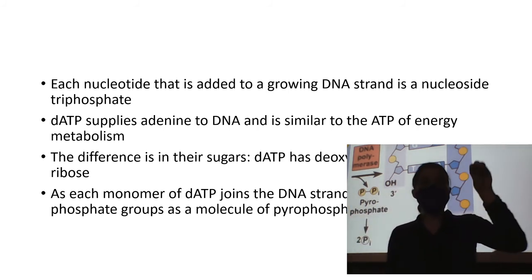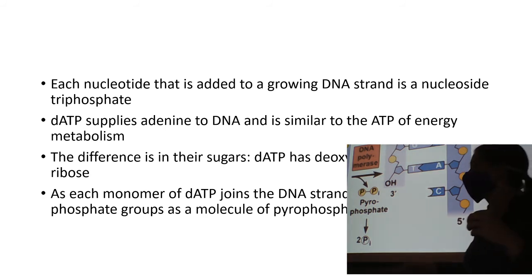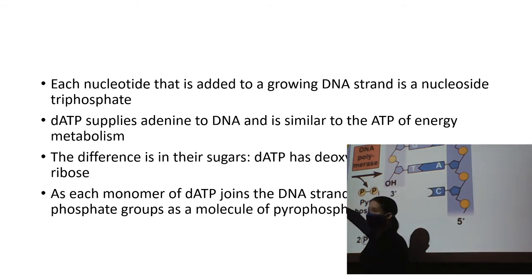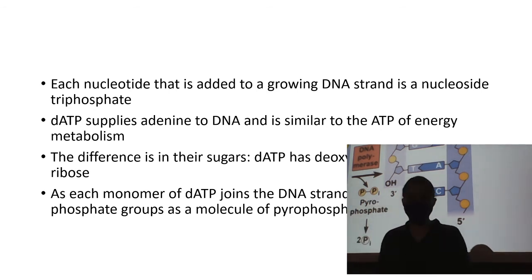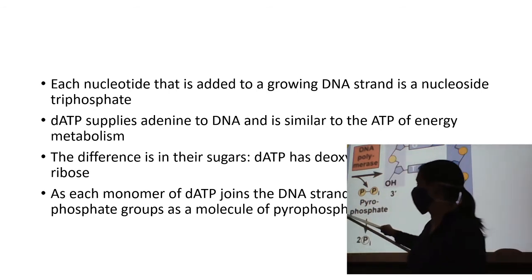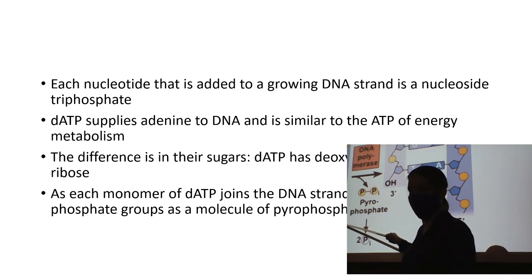It can only attach to a free 3' end, this end that has the oxygen on it, this OH group on it. It cannot add to the end that has the phosphorus bit on it. Fair enough? Are we okay with this?